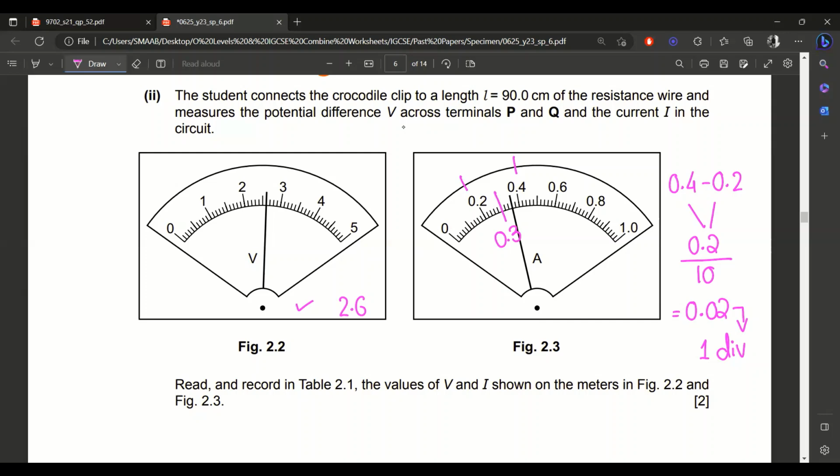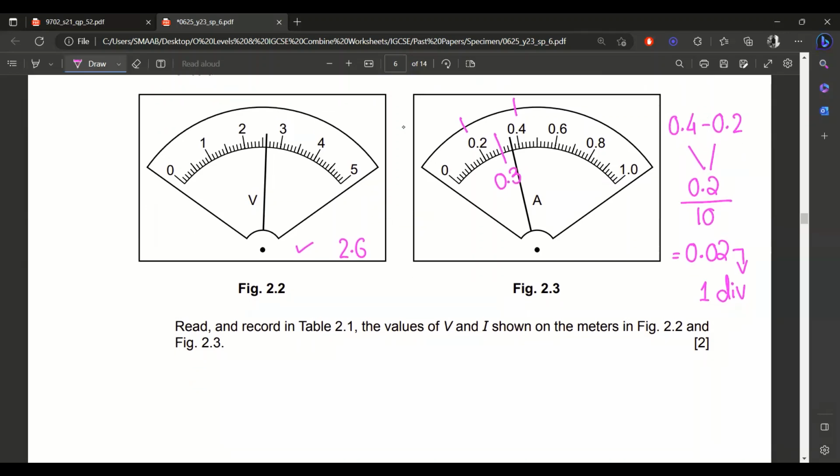So what will be the reading over here in the ammeter? 0.3. Okay, the reading will be like this. I will draw it again over here. We are having 0.3 over here, and then 1, 2, 3, 4, 5, 0.4.